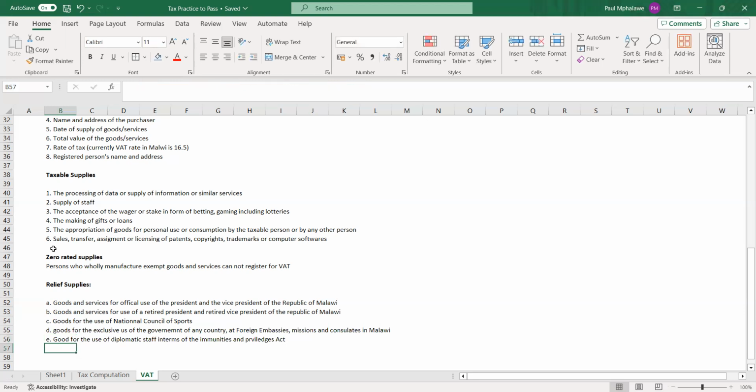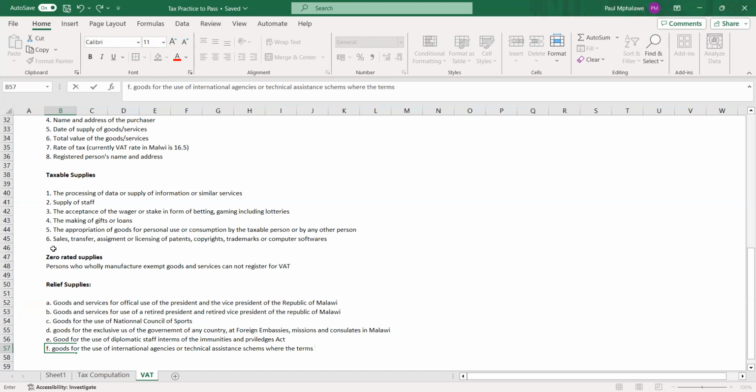F, goods for the use of international agencies or technical assistance schemes where the terms of the agreement made with the Malawi government include exemption of taxes.